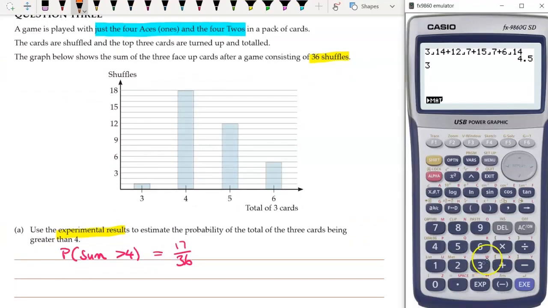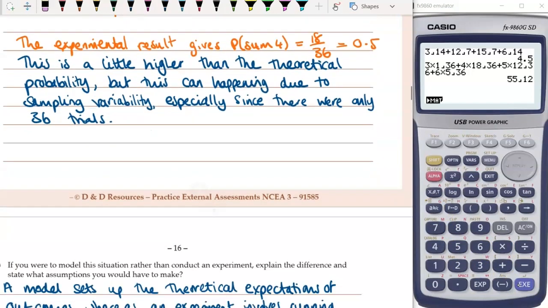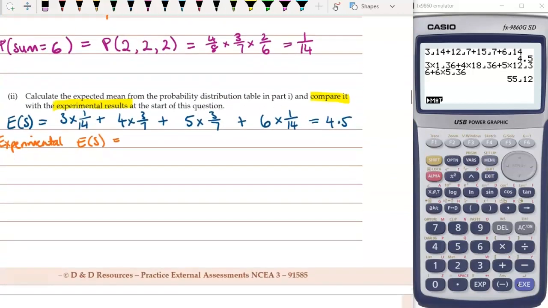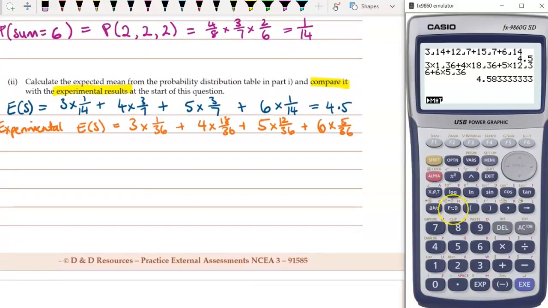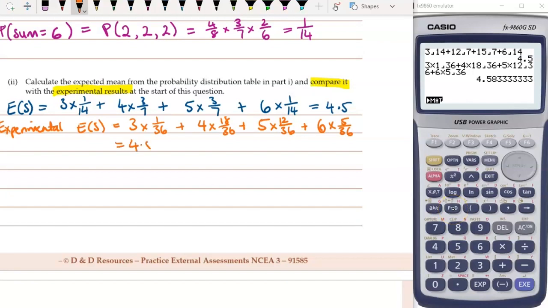So we'll do 3 times, well, that probability there is 1 out of 36, plus 4 times 18 out of 36, 5 times 12 out of 36, and then 6 times 5 out of 36. Which is very similar to the theoretical probability.